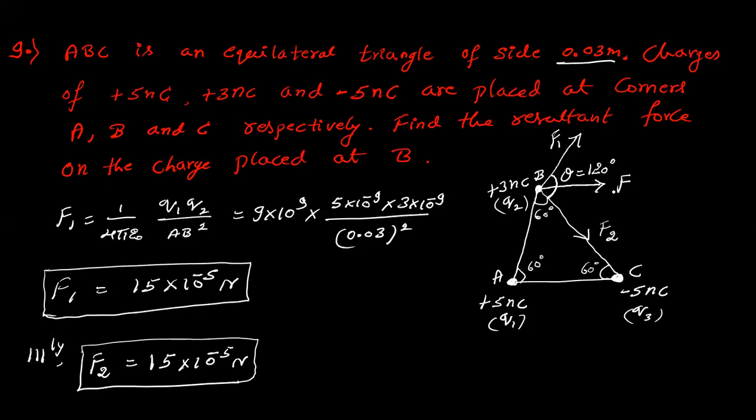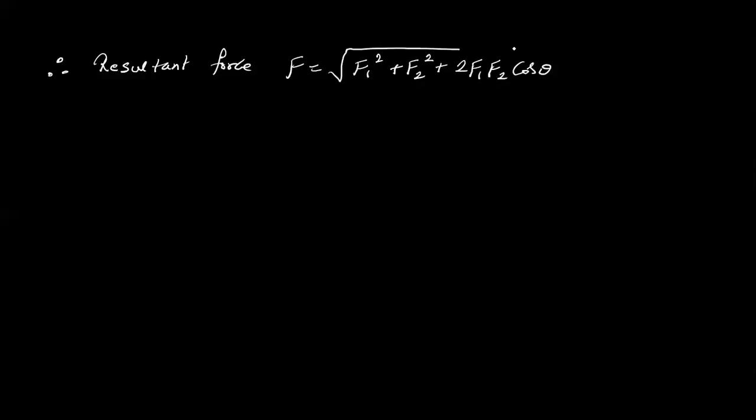Now we have to find the resultant force. Therefore, the resultant force F is equal to the square root of F1 square plus F2 square plus 2F1F2 cos theta. The resultant angle is 120 degrees, so theta is 120, and cos 120 becomes minus 1 by 2.